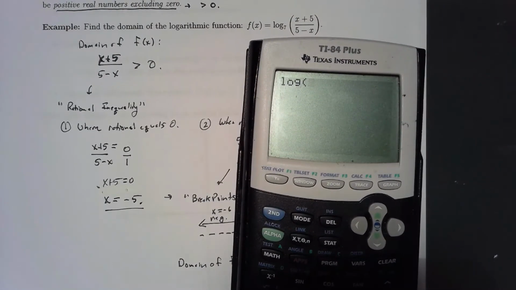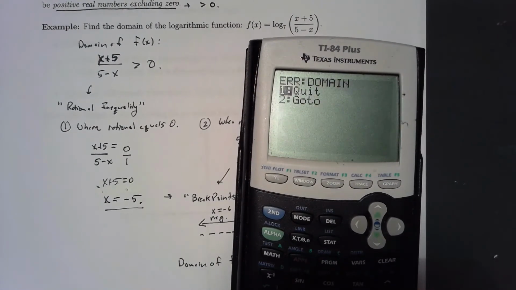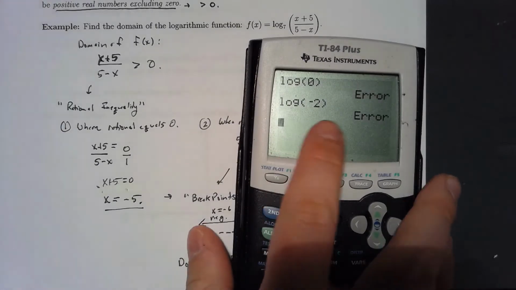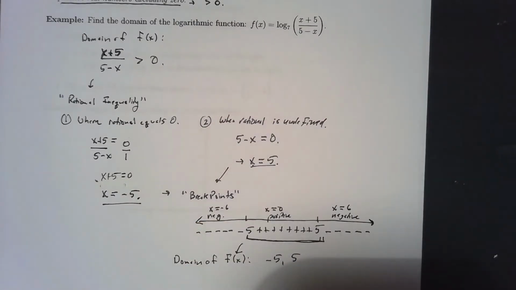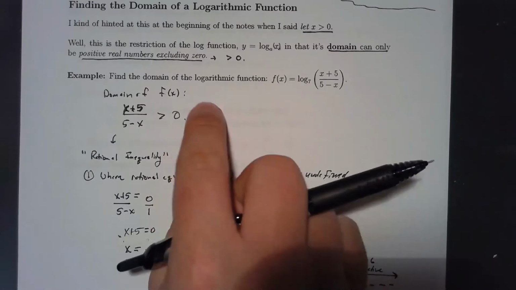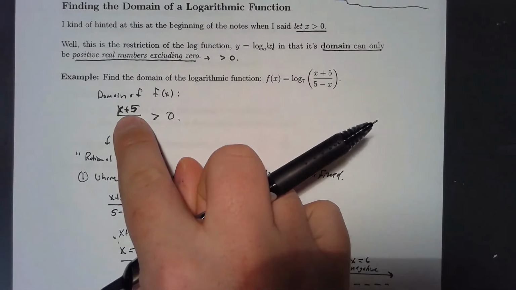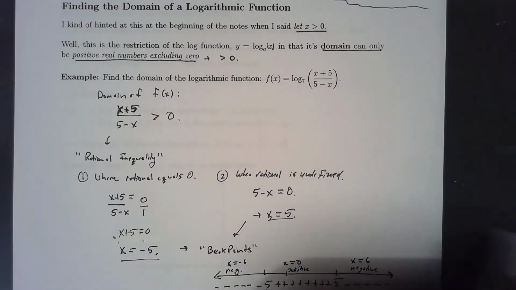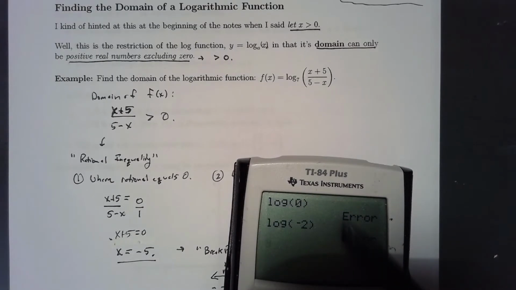If you take log of 0, you're going to get an error message. It's not part of the domain. If you take log of a negative number, that doesn't work either. Only logs of positive numbers work. So I'm not going to include -5 or 5 because that's when this is going to be 0, which I just showed you doesn't work.